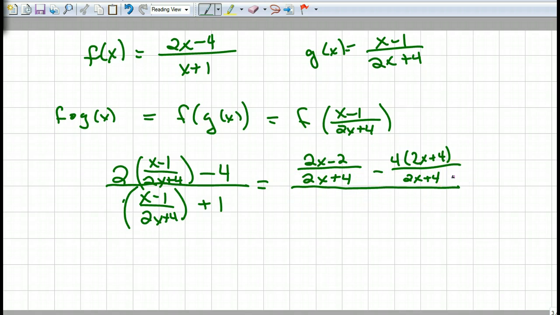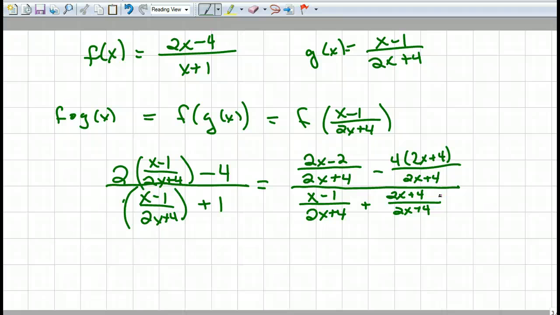Yeah, this is going to be a bit of work. The bottom one is x minus 1 over 2x plus 4, plus 2x plus 4 over 2x plus 4. This is just way overcomplicated. How do you have a fraction minus a fraction over another fraction?